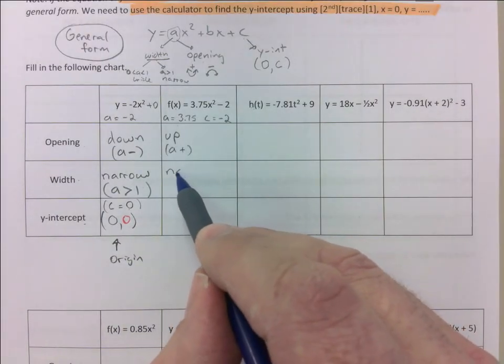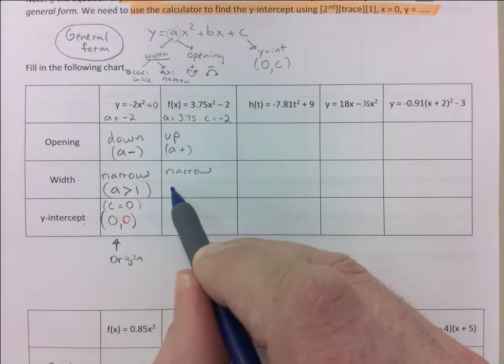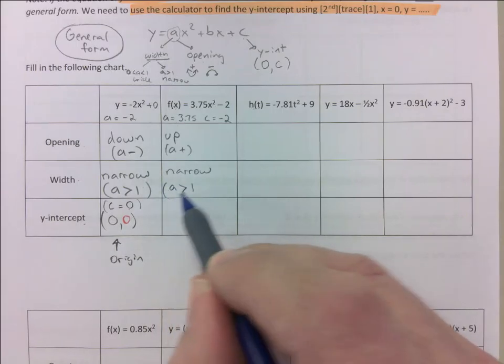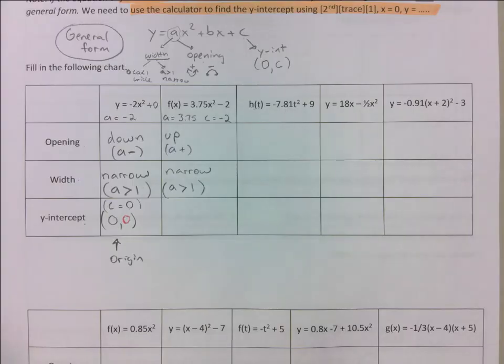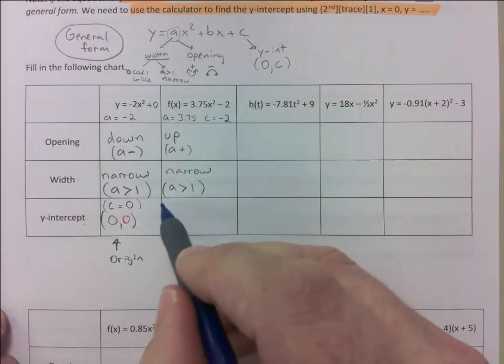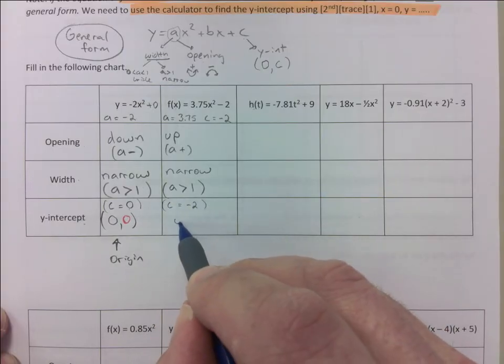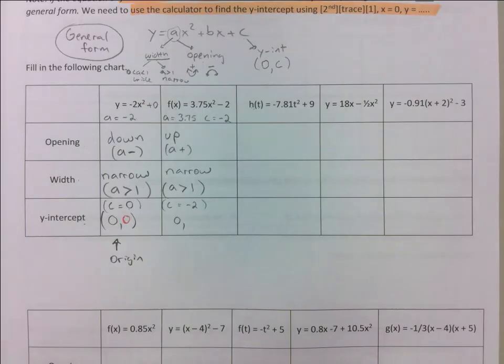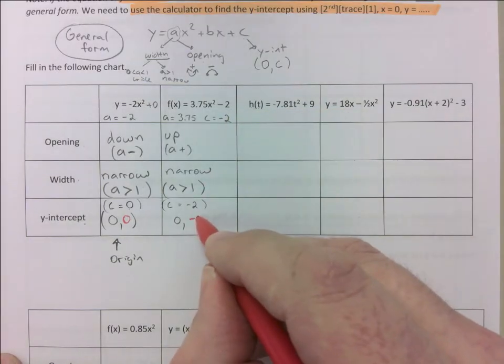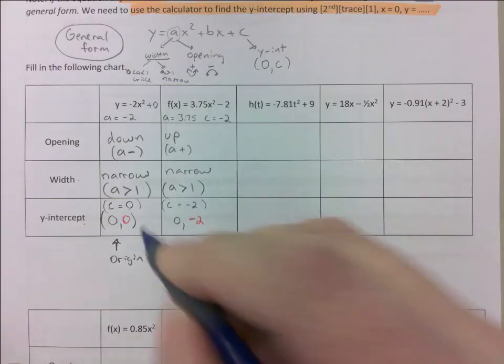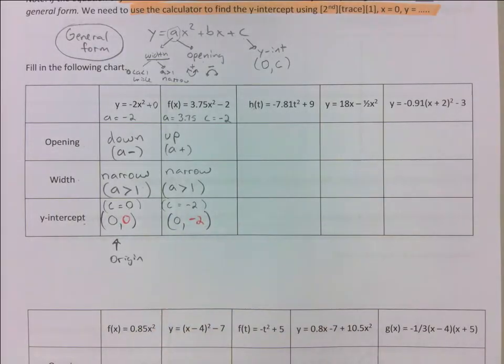And it's going to be narrow as well because A is greater than 1. And what is my y-intercept? (0, -2). This line is going through -2 on the y-axis.